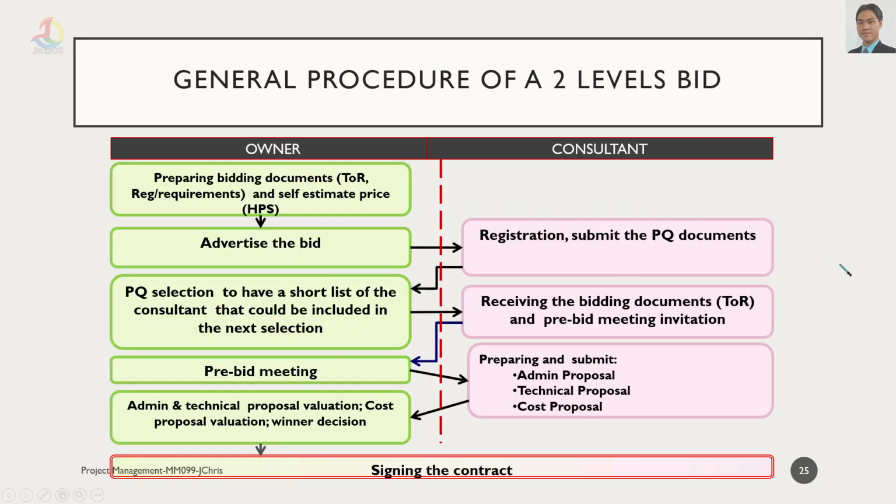So for a general procedure with two-level bidding, we have an owner and a consultant. So we can say the owner is the private sector or government sector.